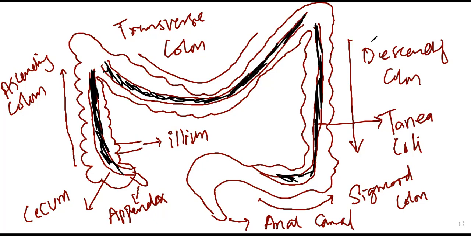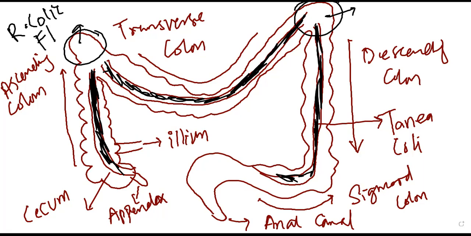Here two parts or two projections are present. One, this one, and this one. Above this place, the right lobe of the liver is present, and here the spleen is present. This part of the large intestine is called the right colic flexure, and this part is called the left colic flexure.